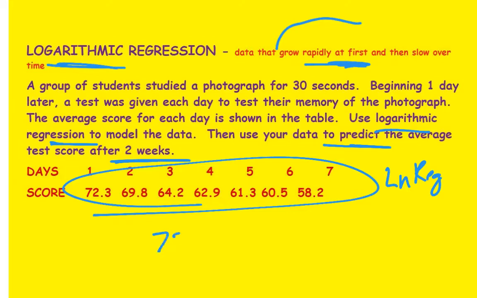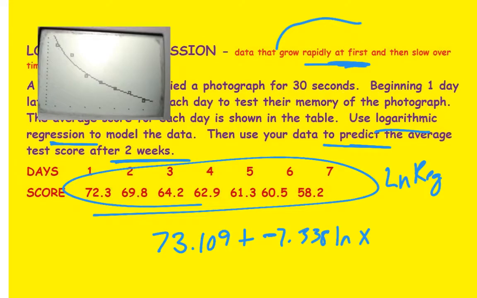So my numbers are a is 73.109 plus b was negative 7.338 ln of x. So I go ahead and I graph all that in my calculator. I put in the equation, and I graph it. And now I'm going to show you what it comes out to look like. So this is what it looked like.